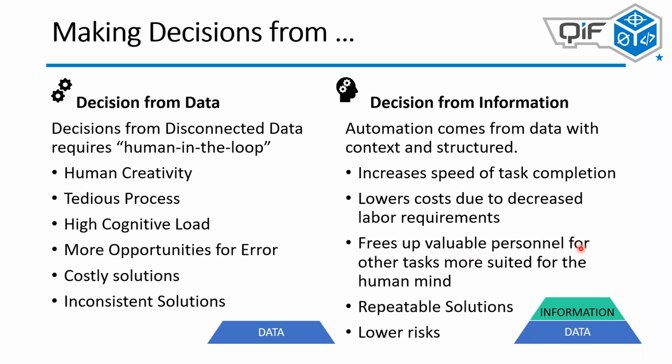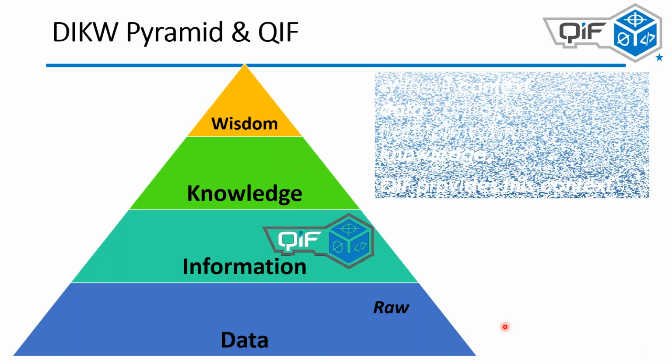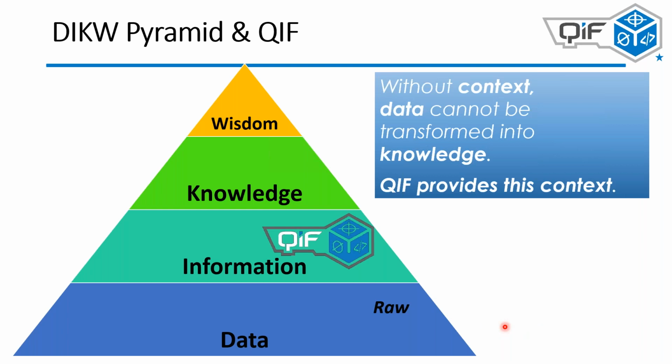It frees up personnel to perform other tasks more suitable for humans, and you can get repeatable solutions and lower risk solutions as well. So with that information, and going back to the data, information, knowledge, wisdom pyramid, we acknowledge that there's raw data, but the QIF creates contextual data and allows you to transform this information into knowledge. So the QIF helps provide this context.